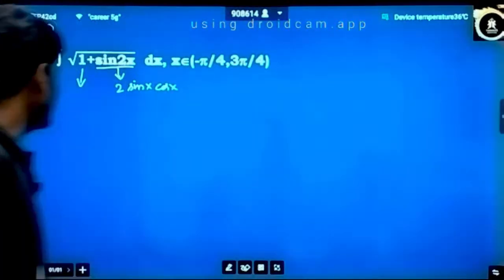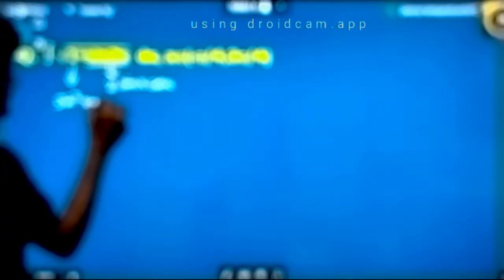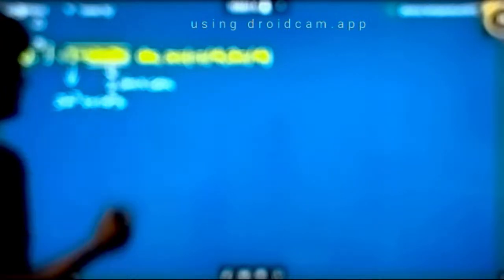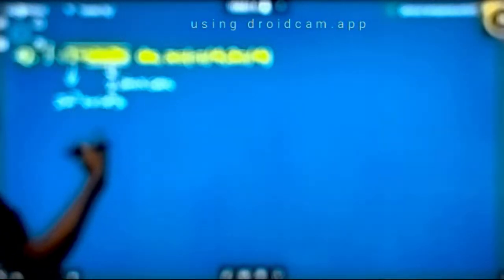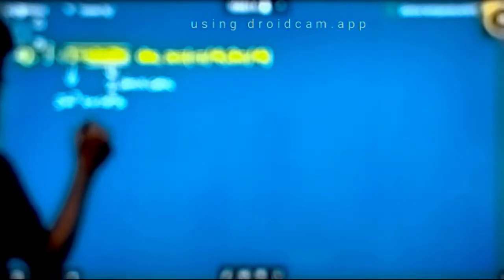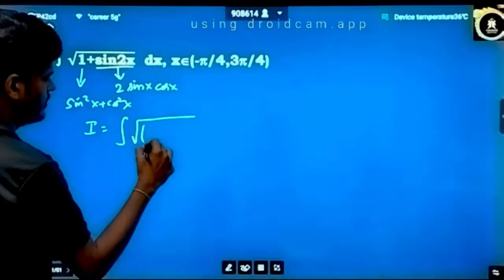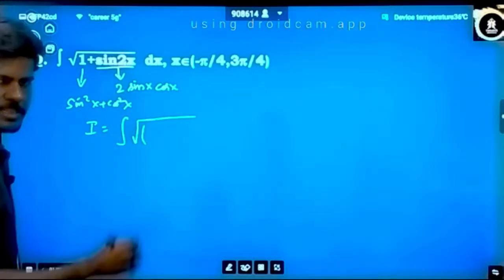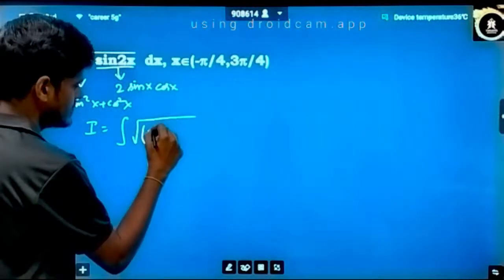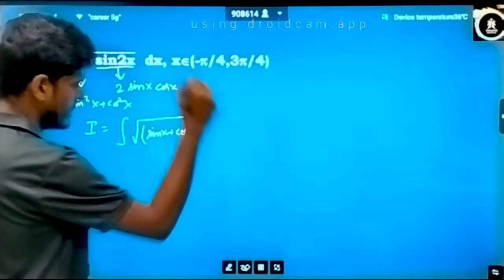So 1 can be written as sin square x plus cos square x. Then we will get sin square x plus cos square x plus 2 sin x cos x. Then the integral becomes the integral of square root of sin x plus cos x whole square.